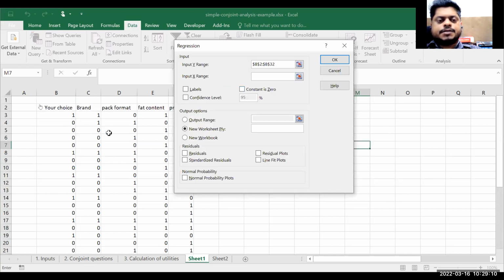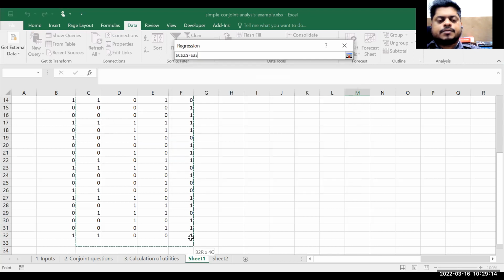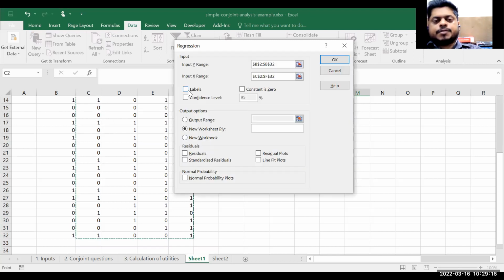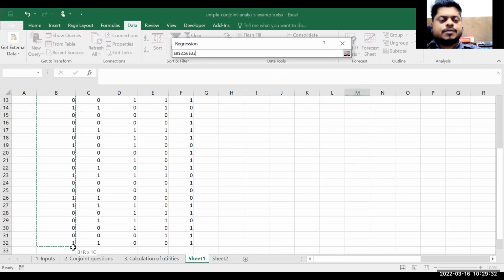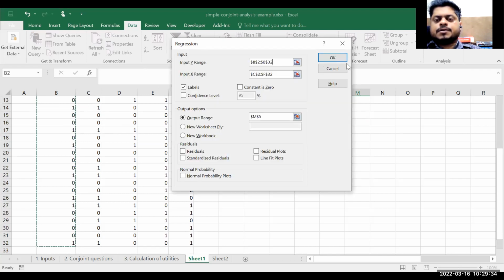Input x range is the attributes, and because I'm selecting the labels, I'll select labels. Output range, let it be. Okay.